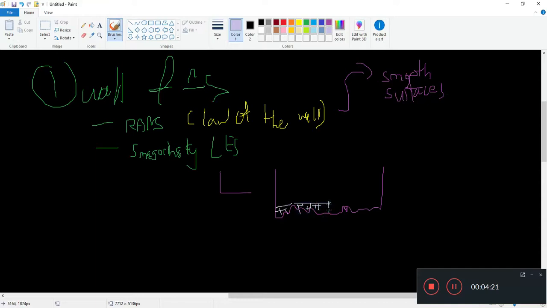You make your mesh size small enough to capture the velocity fluctuations within here. Of course, you filter some of the velocity out as we talked about before, but in a large eddy simulation model, you would resolve this roughness.